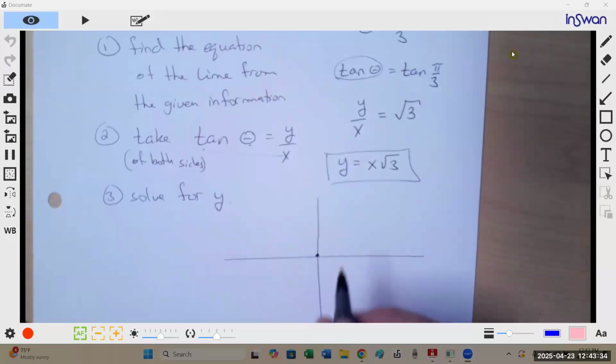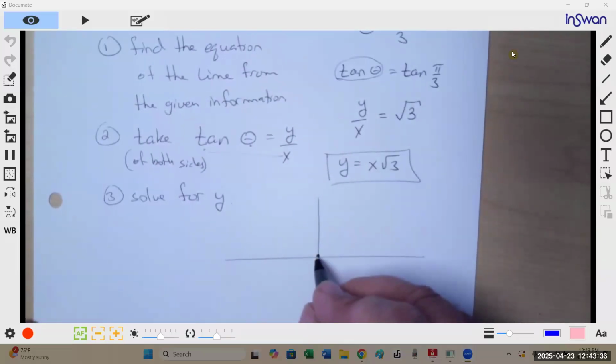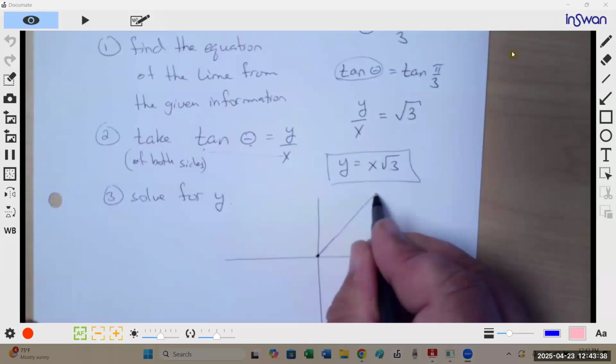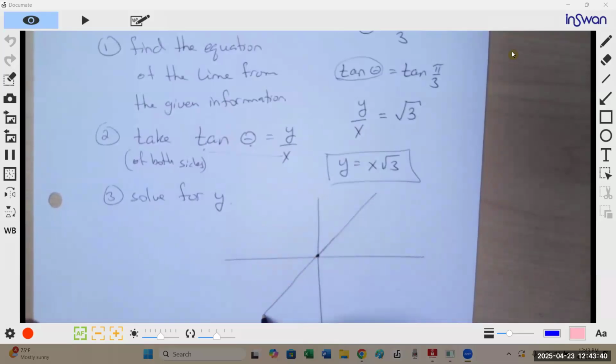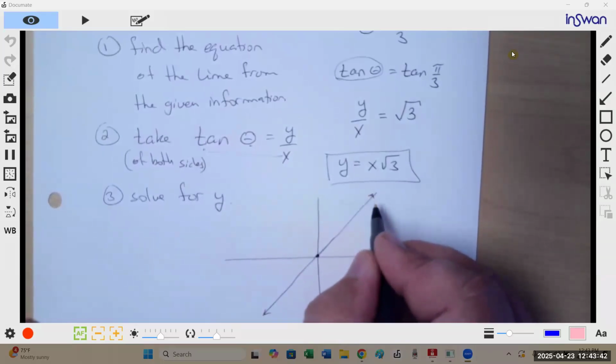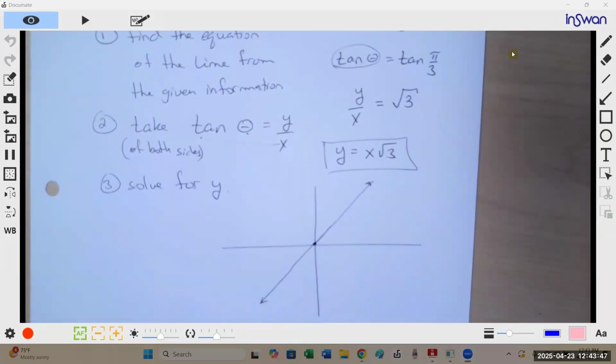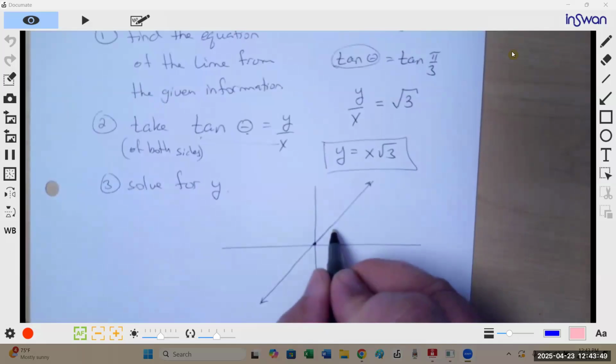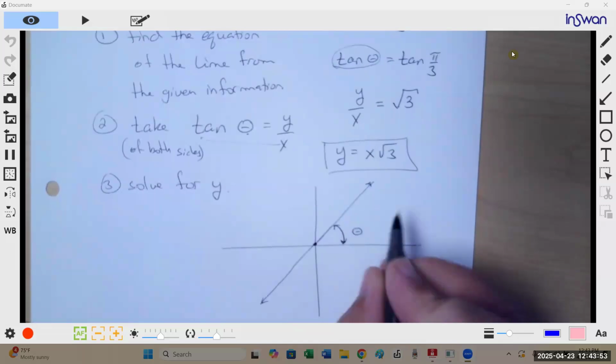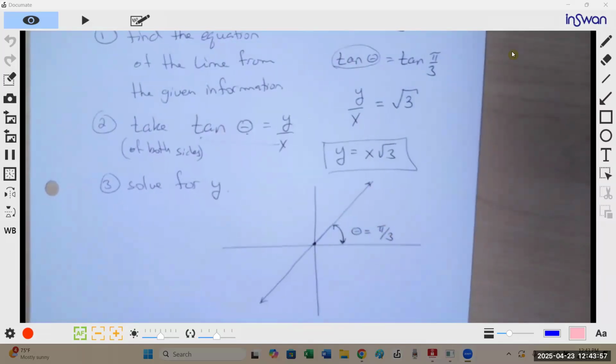When x is 1, it's radical 3. And it goes on both directions. It's an equation of a line. But this is also the same line where it gives us a terminal side of theta equals pi over 3.